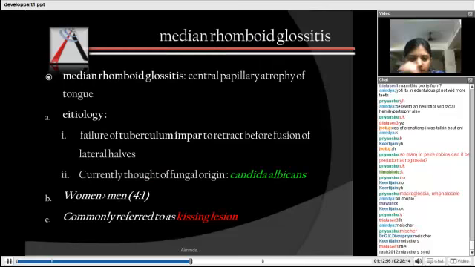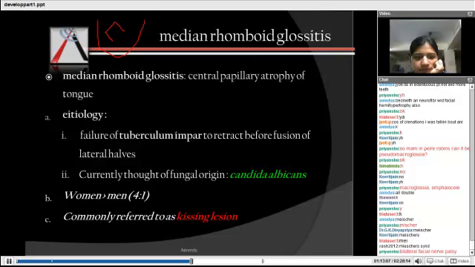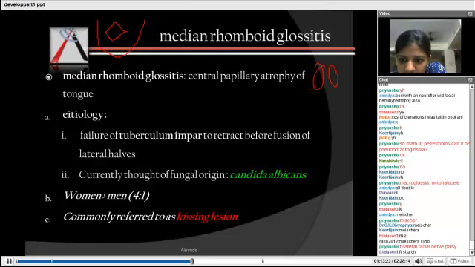Coming to median rhomboid glossitis. For this, I need you to briefly recollect how the tongue is formed. I'm not going to get into the details because you've freshly attended an embryology class, but just to recollect, you have 2 lateral swellings and 1 tuberculum impar.